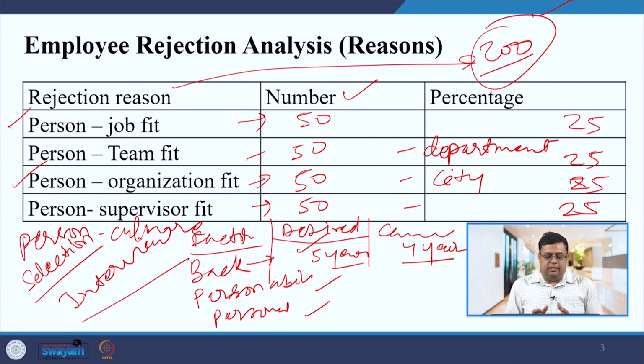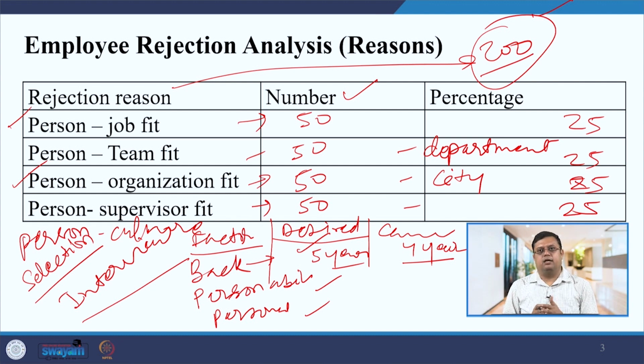So this analysis will help you, as I already said, you can go in depth, do the analysis department wise, city wise, and you can make two important decisions through it. The first decision is related to employer branding: in which source you have to invest more.